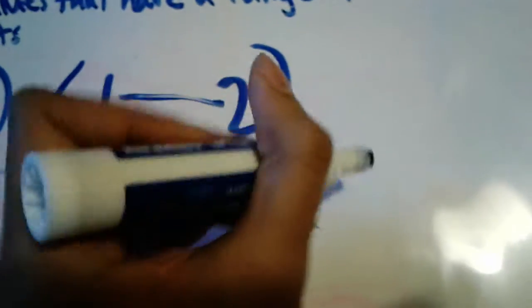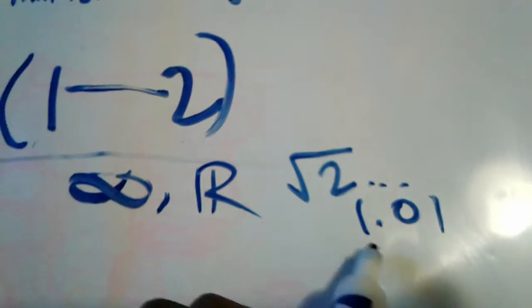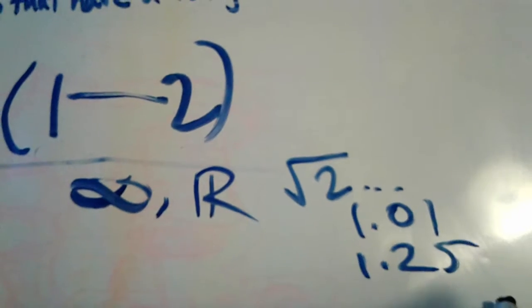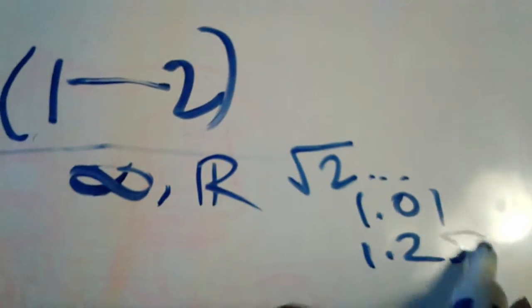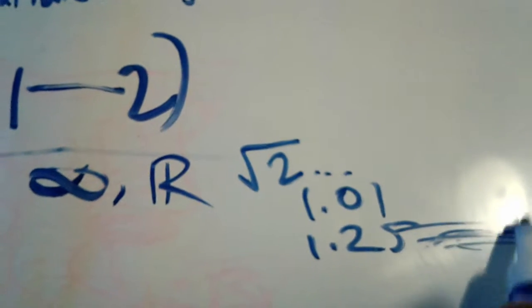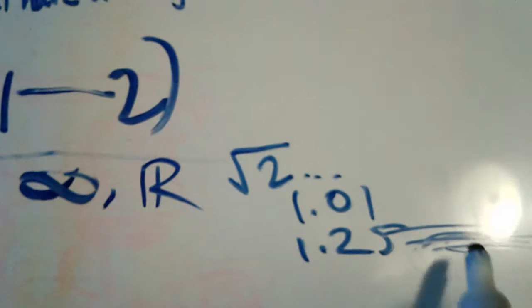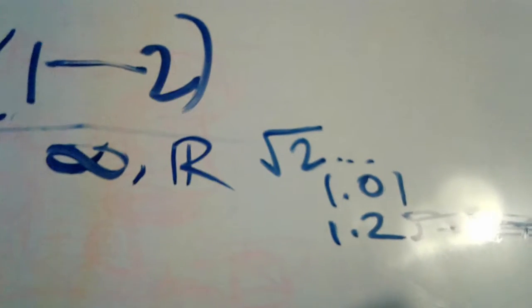Because for real numbers, there can be a multitude of them. Square root of 2, and then 1.01, 1.25. Yes, you have a lot, because there's a huge number of decimal places, and it keeps going on forever. New numbers by the minute, or by the second, whatever.